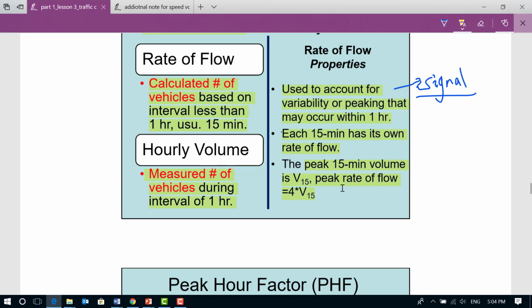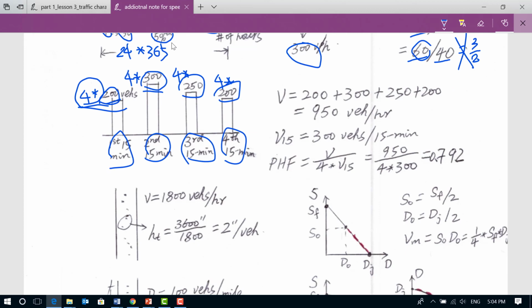The peak rate of flow is 4 times V15. Which one is the peak rate of flow? V15 in our case equals the second 15-minute interval, so V15 equals 300, and its rate of flow is 4 times 300. The peak rate of flow is 1200.